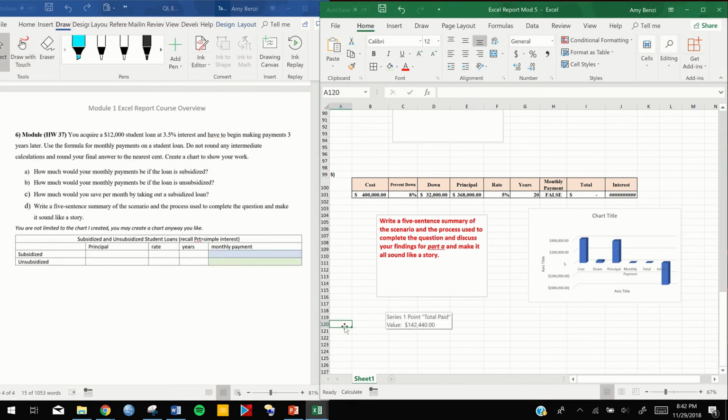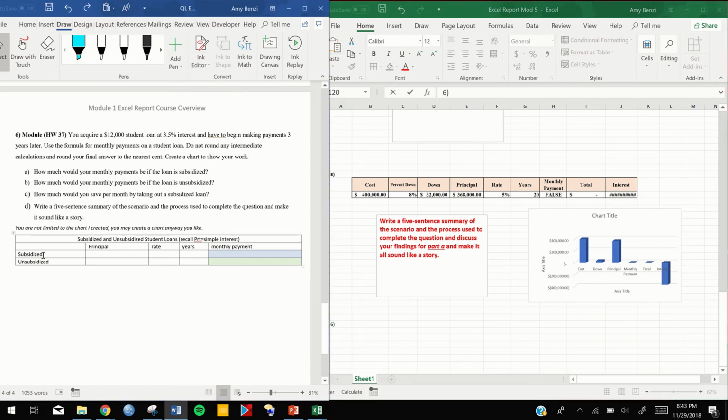All right, guys, let's look at number 6. Number 6 is talking about subsidized and unsubsidized loans. A subsidized loan means that as long as you're in school, you do not have to pay any interest on the amount that you borrowed.